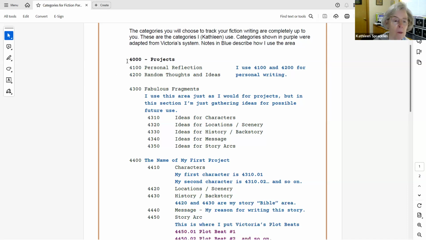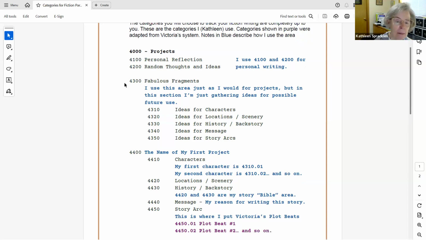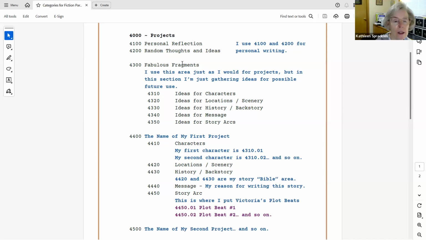So all of my writing goes into the 4,000 region. I use the 4100s and the 4200s for my personal writing. That's just reflections and things like that. I began my fiction writing in the 4300s, and my 4300 area is all just bits and pieces, scenes, scenery, ideas for characters, ideas for stories, ideas for reasons why I might want to write a story.